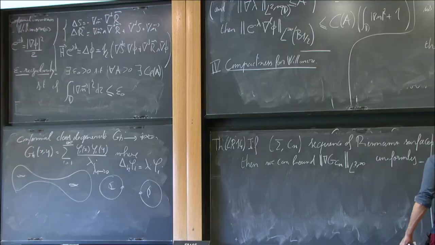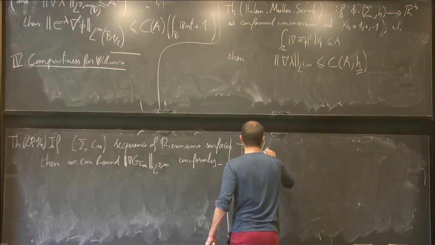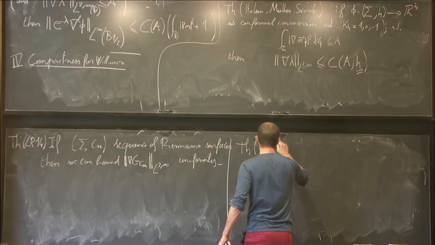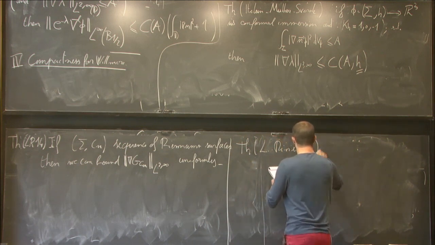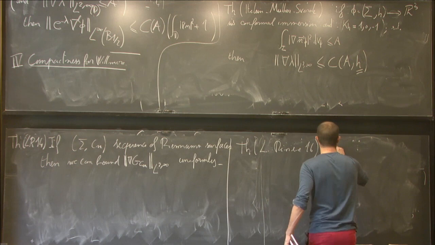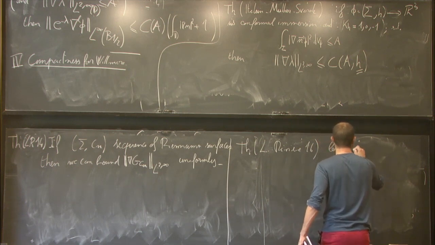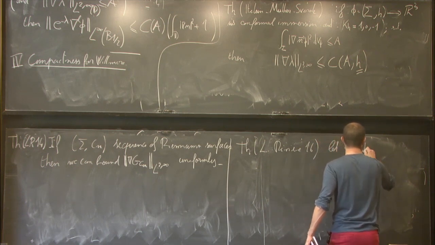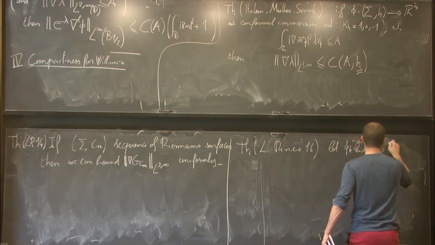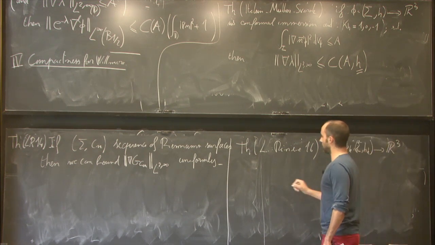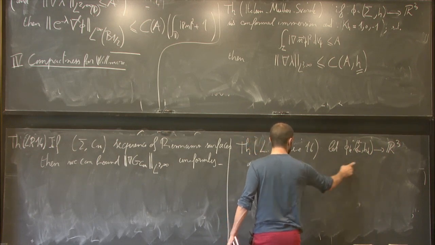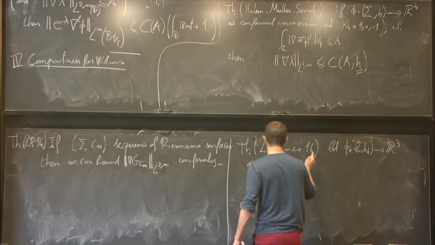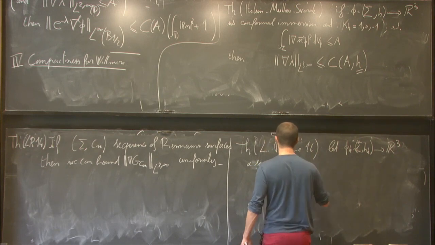So it's a theorem. Let phi k from sigma k to R3 be a sequence. So the conformal class doesn't depend on k, it's not fixed.